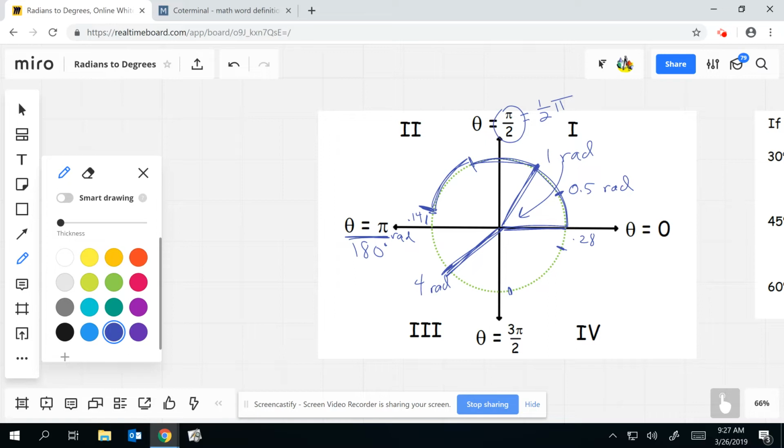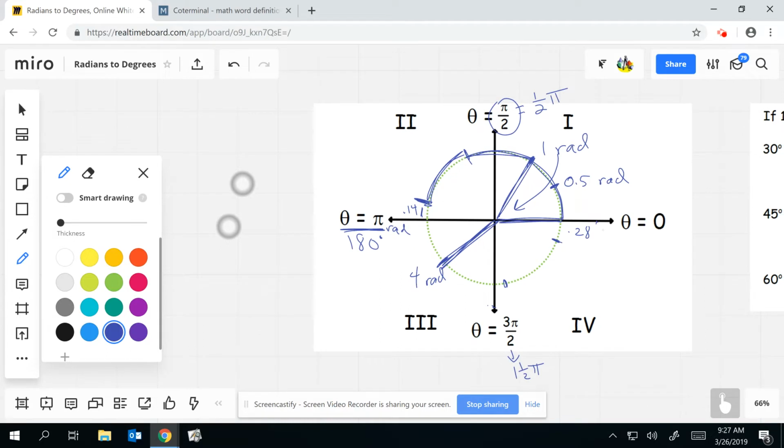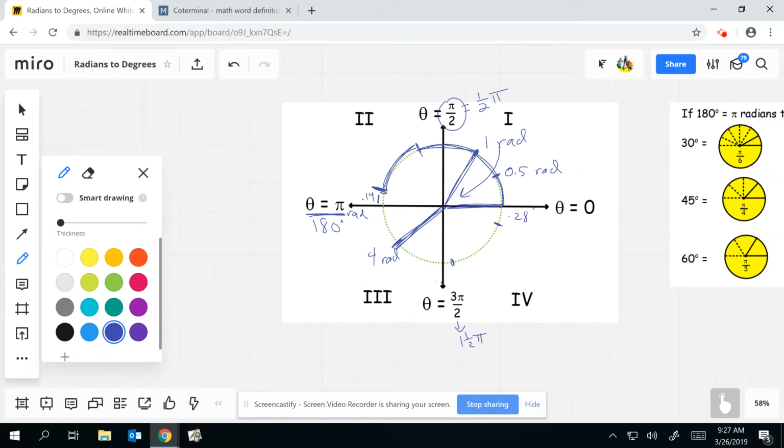If it's between 1 pi and 1.5 pi, this right here is the same as 1.5 pi. 3 halves is the same as 1.5 pi's. So you go halfway around, that's 1 pi, and then you got 1.5 pi's to here, and then all the way around to here, you got 2 pi's. So just recapping, when we get to the unit circle in the next couple of days, you'll see more of these. It'll make more sense, I think.